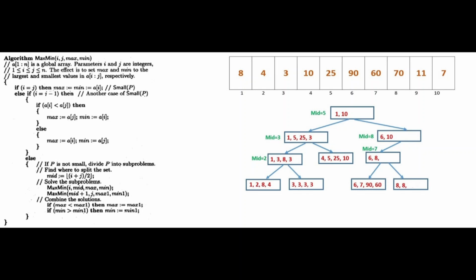So the maximum value is equal to the minimum value, which is a of 8. So we assign a of 8, that is 70, to the variable max and 70 to the variable min. Max equal to min is equal to a of 8, that is 70. Okay, 8, 70, 70. That function completes its execution.